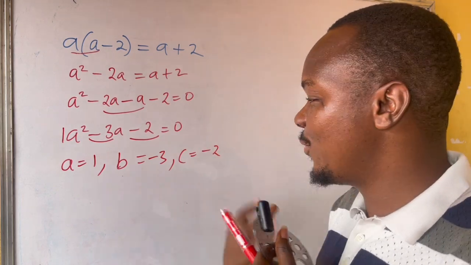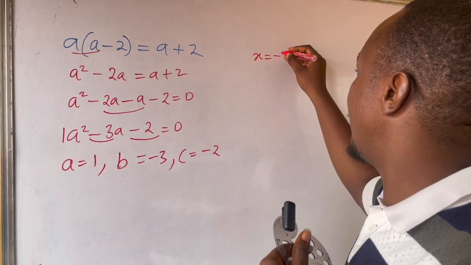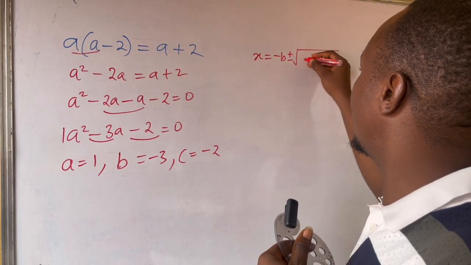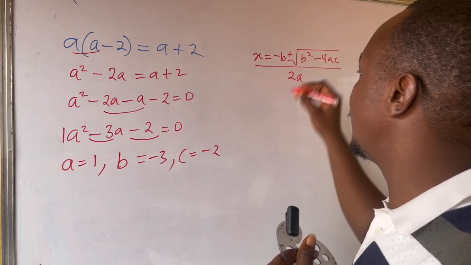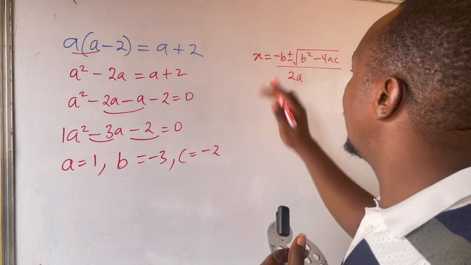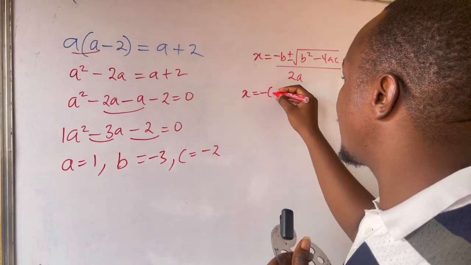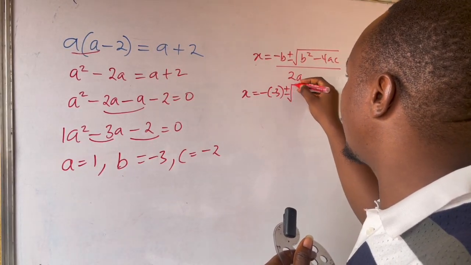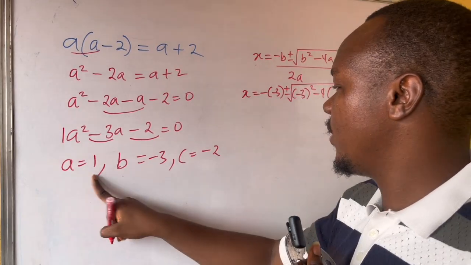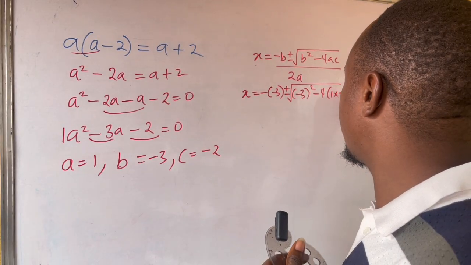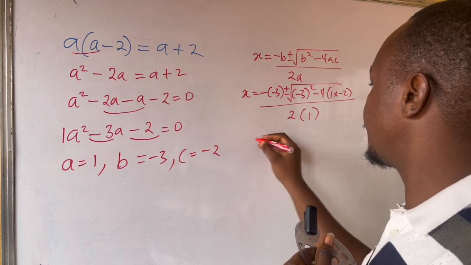So let's put this into our equation. I hope you remember it. x equals minus b plus or minus the square root of b squared minus 4ac over 2a, right? So x will be equal to minus, b is minus 3 again, so that's minus 3, plus or minus the square root of minus 3 squared minus 4. a is 1 and c is minus 2, so that's 1 times minus 2, all over 2 times 1.